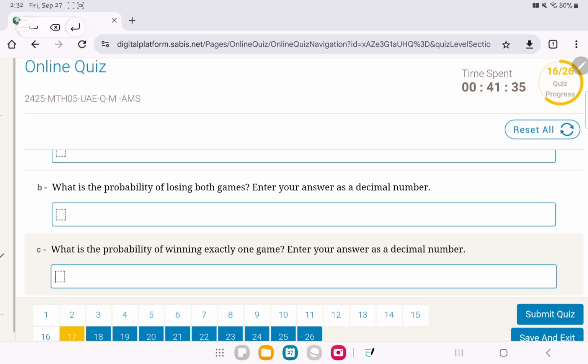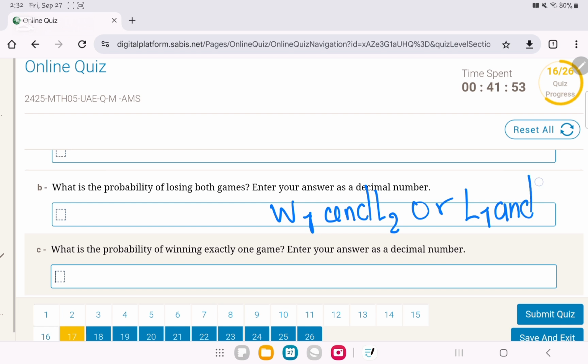Now, what is the probability of winning exactly one game? If he's winning exactly one game, that means he won either one time and lost the other, or he lost the first and he won the second. Again, the probability of winning exactly one game. So that means he either won the first and lost the second, or he lost the first and won the second.